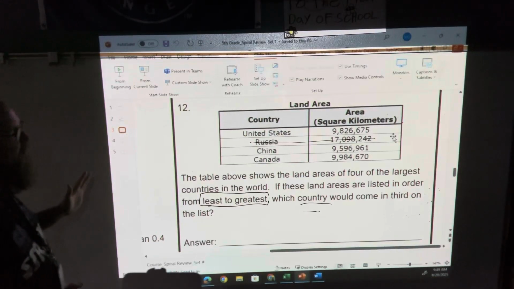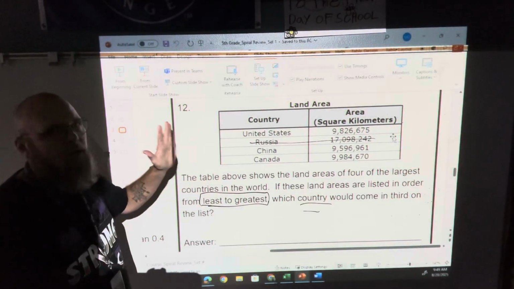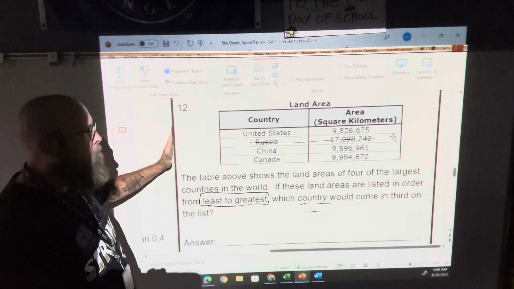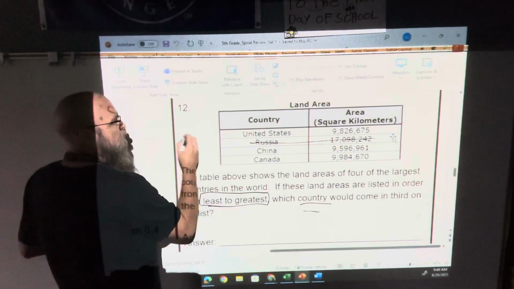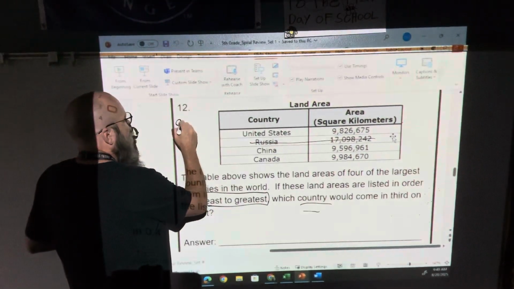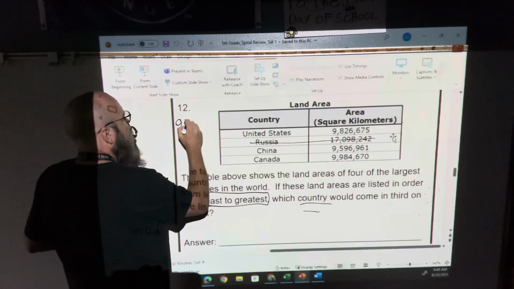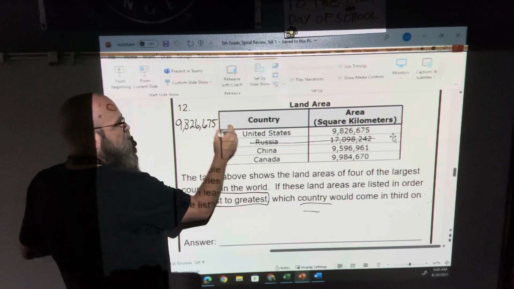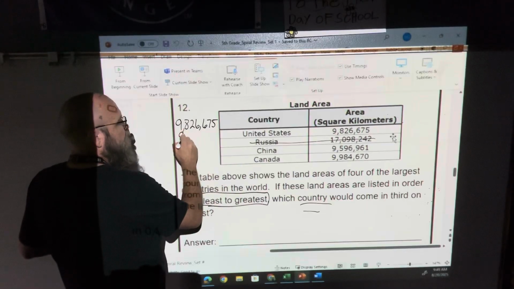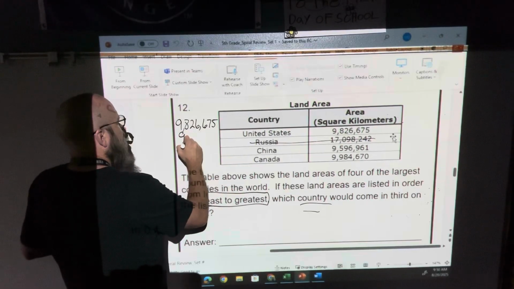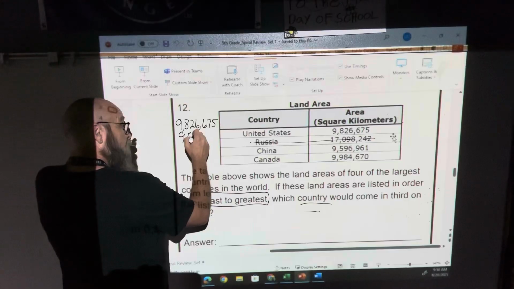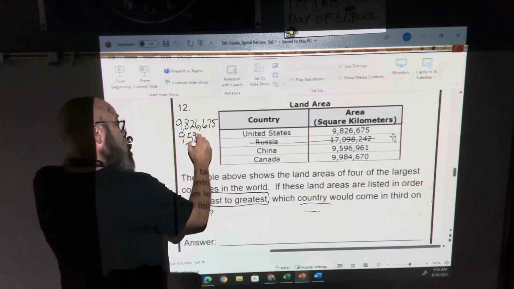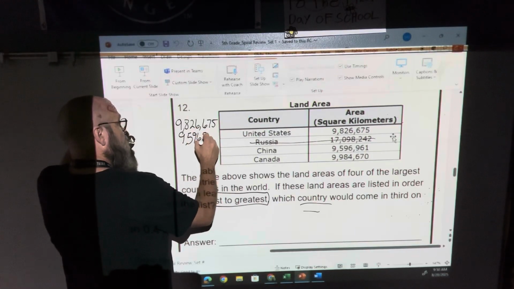Now I'm going to write down the other 3 numbers and line them up by place value. For the United States, I have 9,826,675. For China, I have 9,596,961.